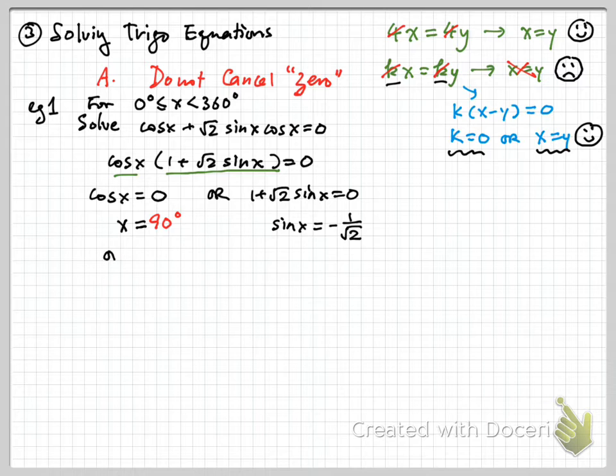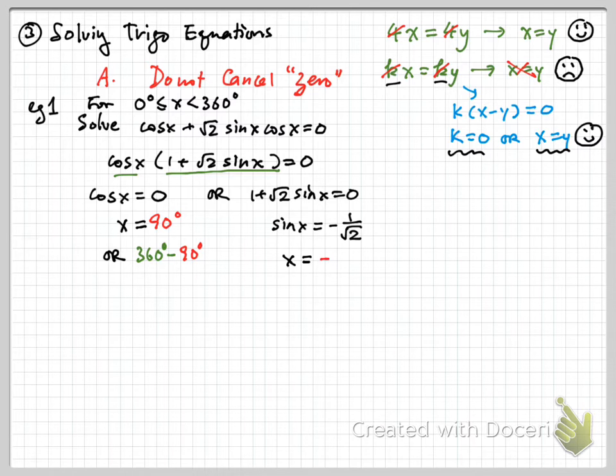For cosine, we have 360 minus and 360 plus. 360 plus is obviously out of range, since we want x between 0 and 360, so only 360 minus. So there are two answers. And then for sine x is minus 1 over root 2, try this on the calculator.